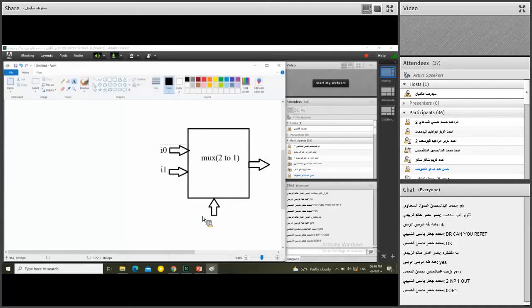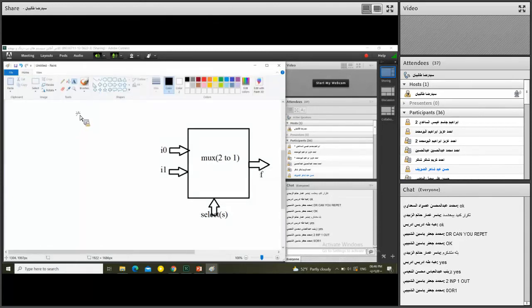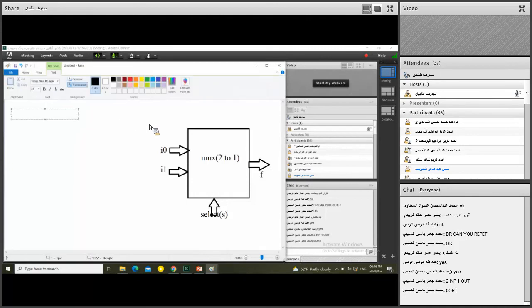This input, we call this select input. We say this S. And the output, for example, F. Okay. And we want to write the entity of this system or of this circuit. It is very easy.